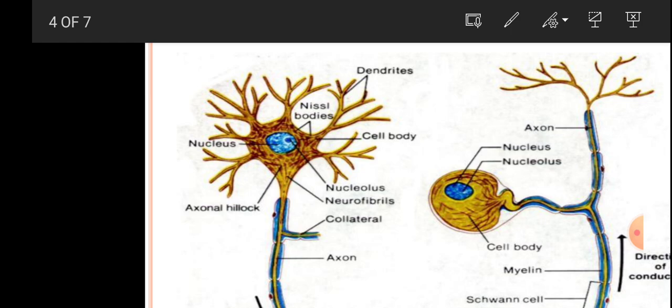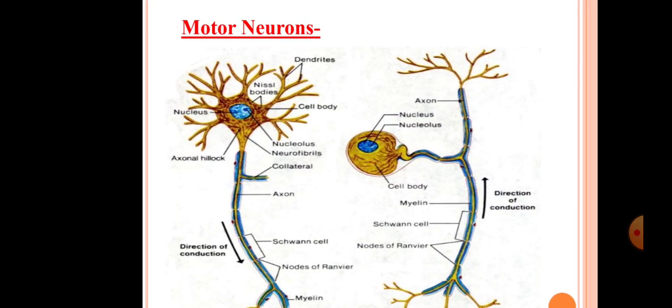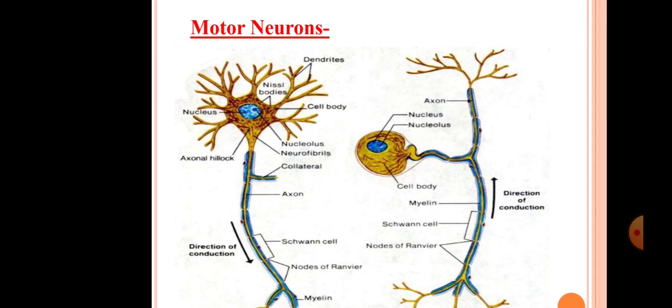Then the next is the axon hillock. In this diagram, just below, we see the axon hillock. The axon hillock is found at the end of the soma, and it acts as a messenger, summing the total inhibitory and excitatory signals.